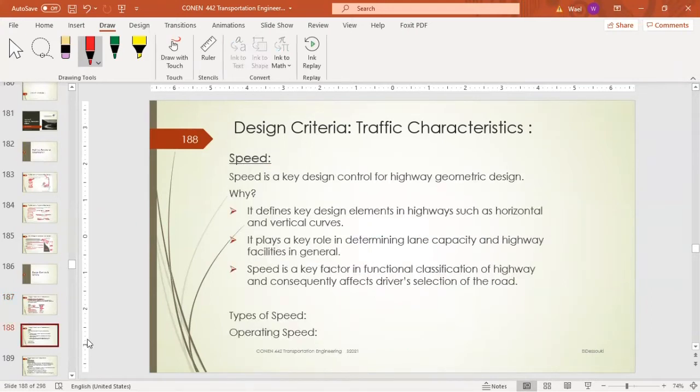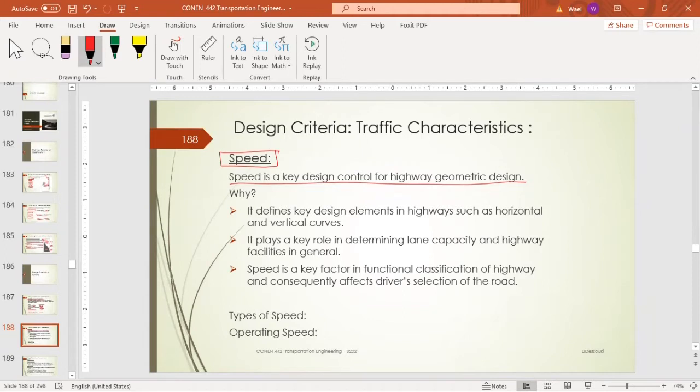The second, which is basically the speed. What speed do we design the highway for? So speed is a key design control for highway geometric design. Why is it a key design control? First of all, it defines key design elements in the highway, such as horizontal and vertical curves.